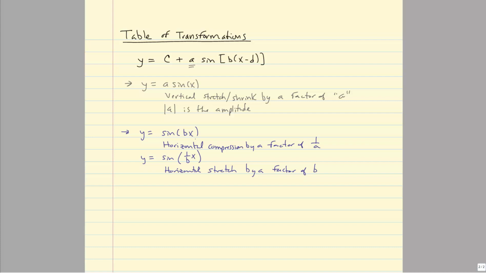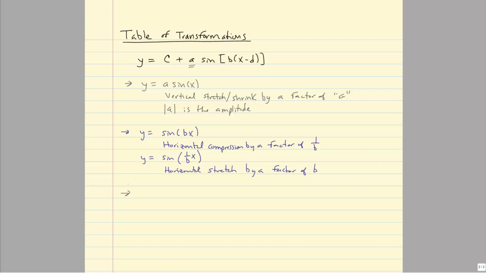And I'm using b as my coefficient, so this should be 1 over b instead of that a. So it does the opposite. We think if you multiplied by b, it would stretch it out, but it's actually a compression by a factor of 1 over b. And if I have a fraction here of 1 over b, it's actually a stretch by a factor of whatever the denominator is, or the reciprocal of the coefficient that is in front of the x.